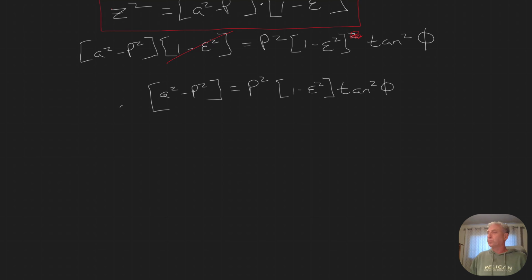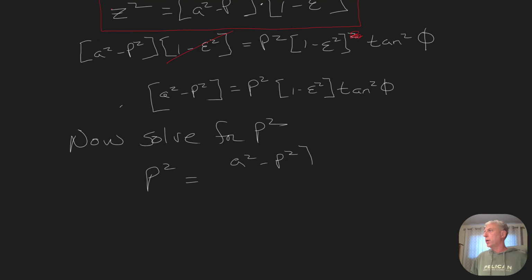All right. Okay, so now solve for p squared. We get p squared equals a squared minus p squared over 1 minus epsilon squared tan squared phi.